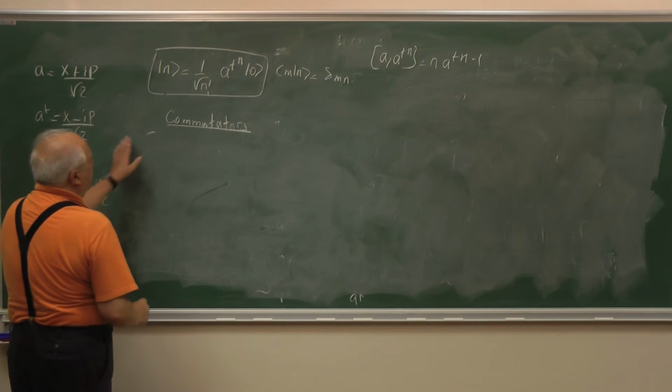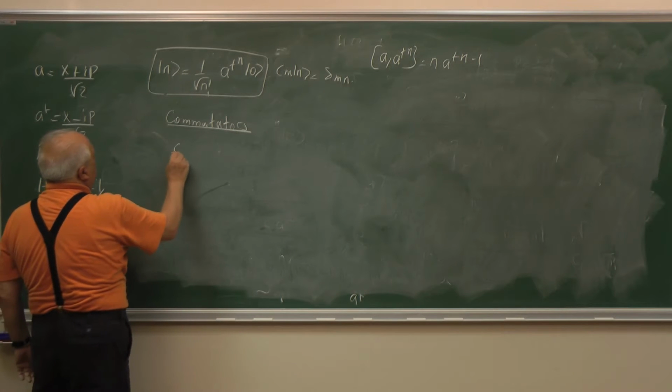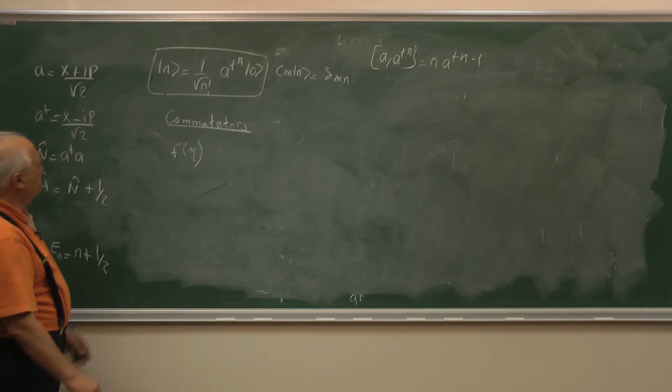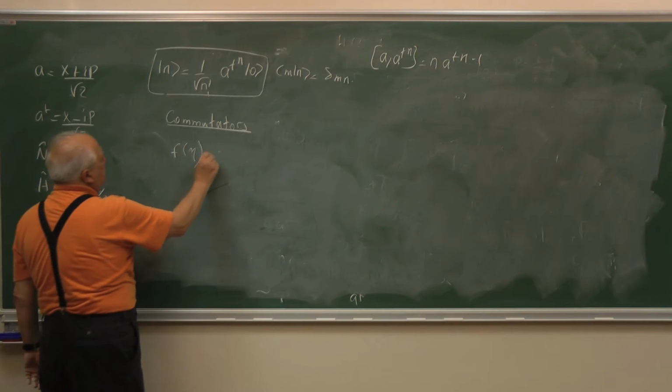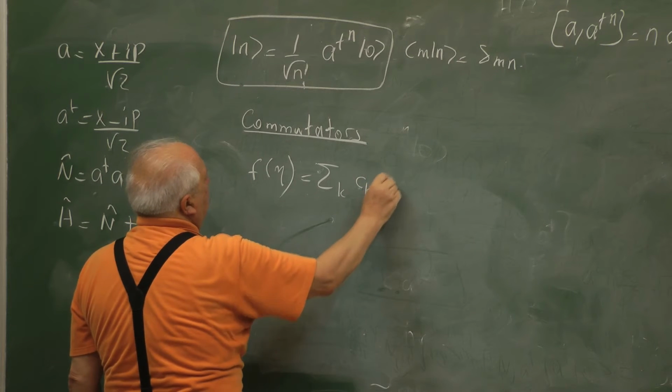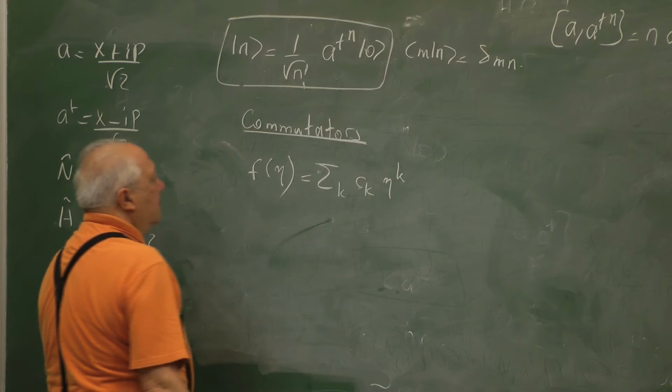Suppose there is a function f of eta. Eta is some number that can be expanded in power series, k, ck, eta to the k.